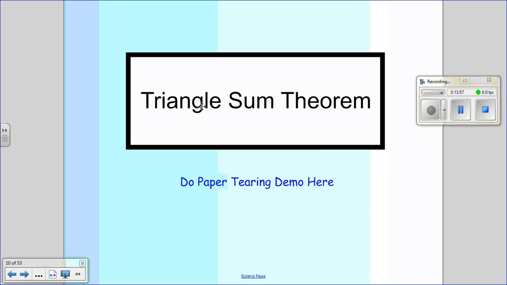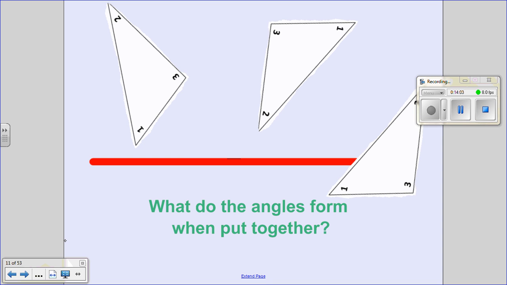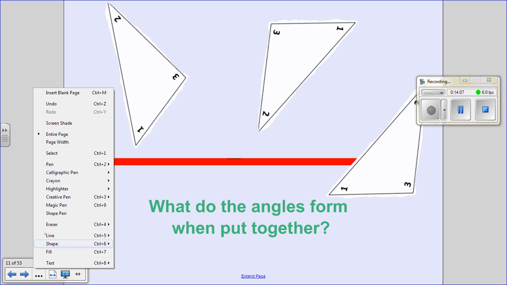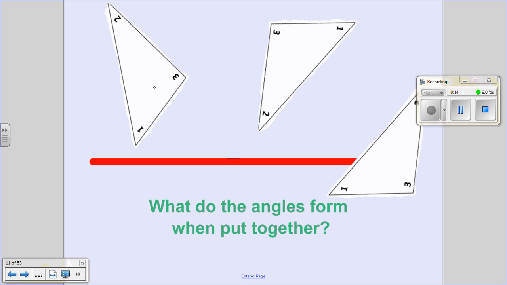Now we're going to talk about the triangle sum theorem. If you take a triangle and line up the three angles side by side, watch this demonstration and tell me what you notice.